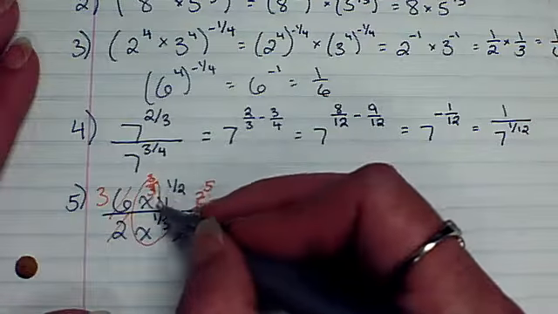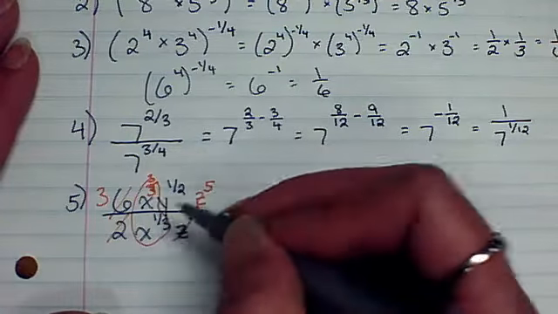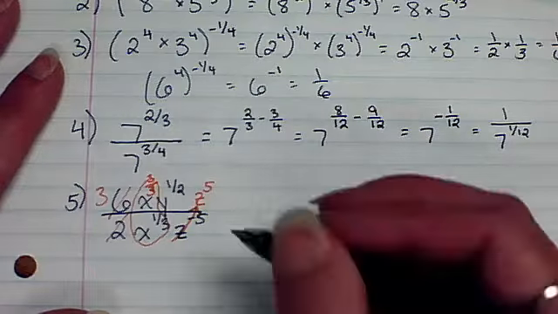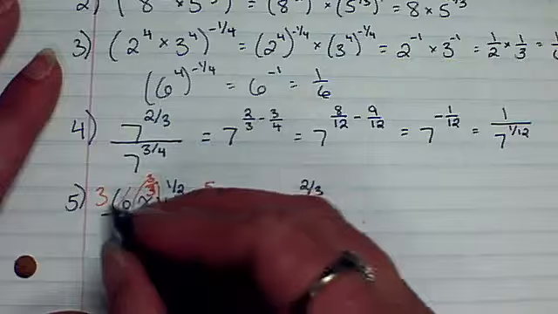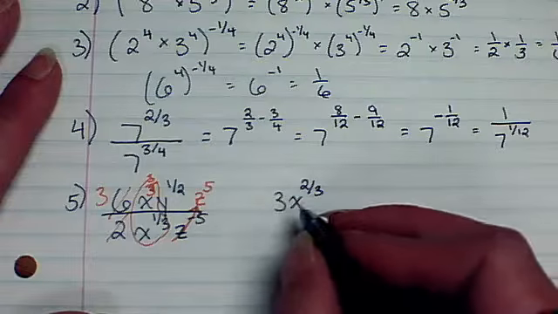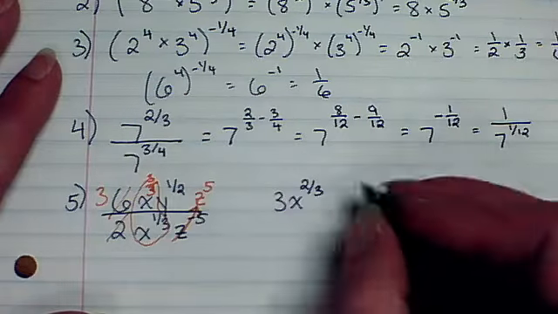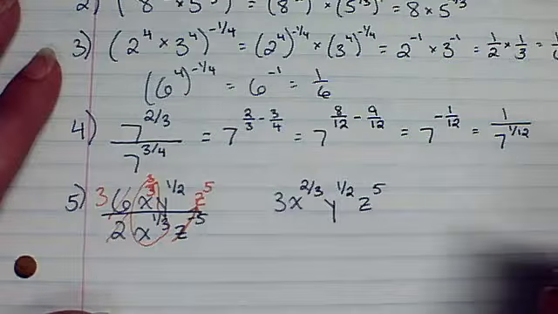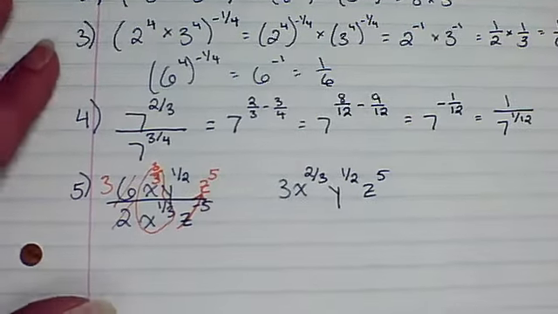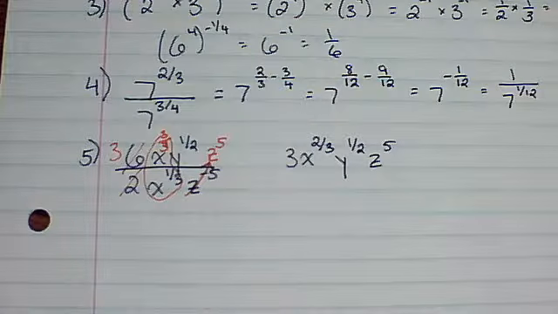I have 3/3 up here, 1/3 up here. 3/3 minus 1/3 leaves me with x to the 2/3. And there's a 3 up there as well. y to the 1/2, there's nothing below. And there's nothing left in the denominator. That worked out pretty nicely.